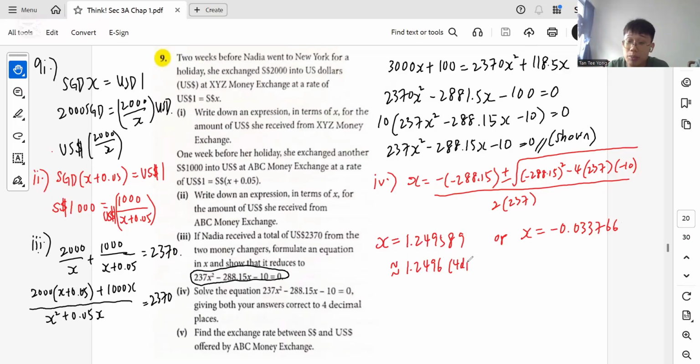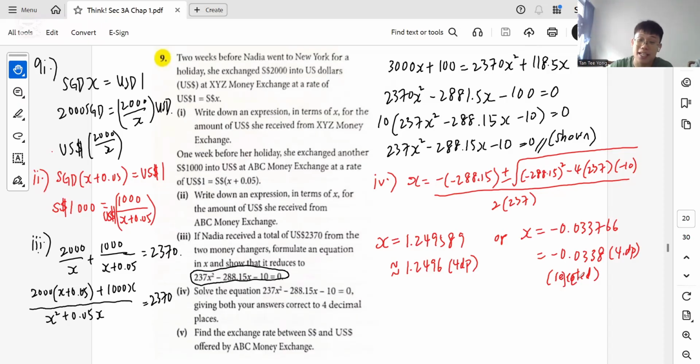Okay, so this is 4 dp. This one is negative 0.0338, 4 dp. So this one is rejected, because you cannot change one USD to negative Sing dollar, it doesn't make sense.